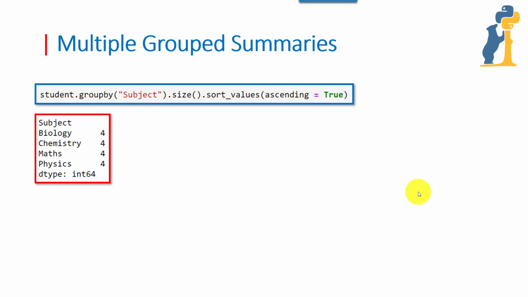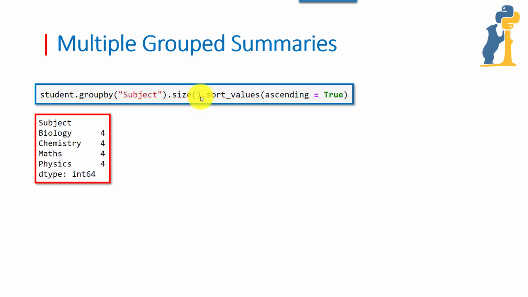If you need to sort the groups by their contents, use the method size, which tells you how many items are in each group. If you group your student data frame based on subject, as you know, there are 4 groups: biology, chemistry, math, physics, and each one includes a certain number of observations.